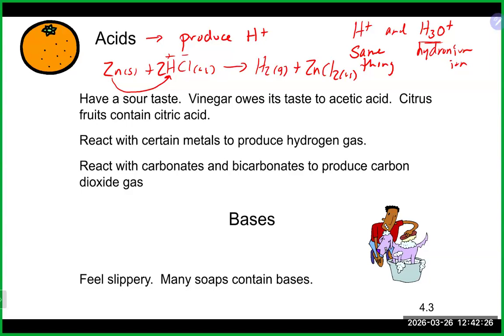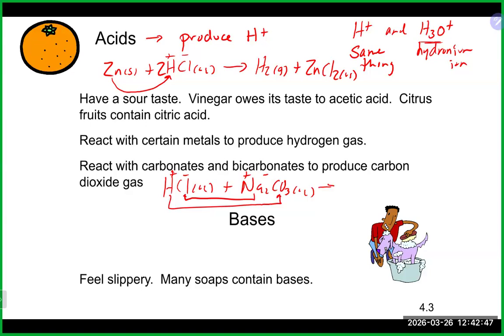They also react with carbonates and bicarbonates to produce carbon dioxide. You may also remember, perhaps from Chem 50, a little hydrochloric acid plus some, we'll go with sodium carbonate, why not? Going to do a little double displacement reaction. We're going to switch partners.